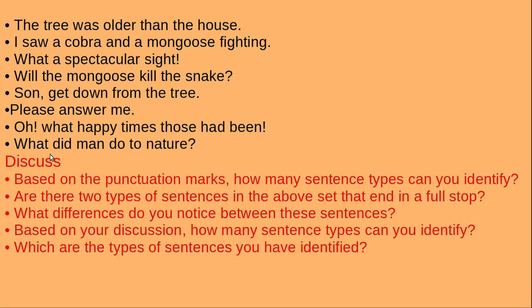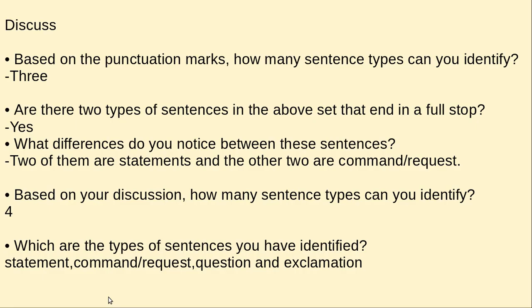Now let us see. We can have a discussion on these sentences. Based on the punctuation marks, how many sentence types can you identify? You see, the one full stop, this one question mark. There are three types of sentences you can see, right?